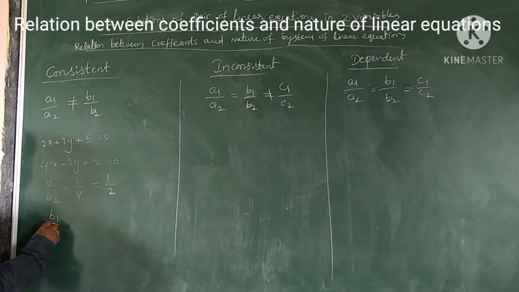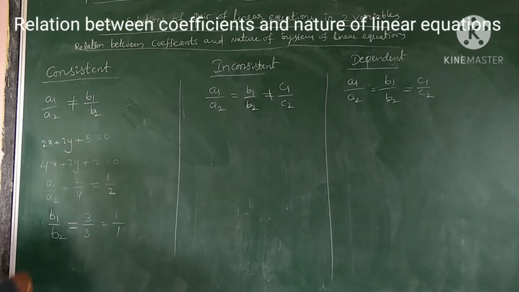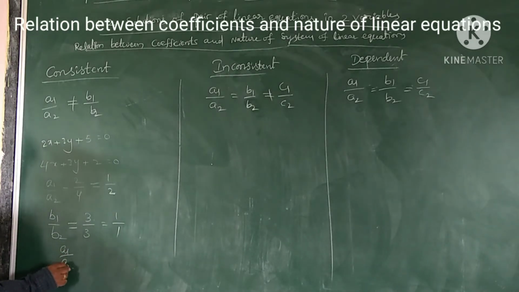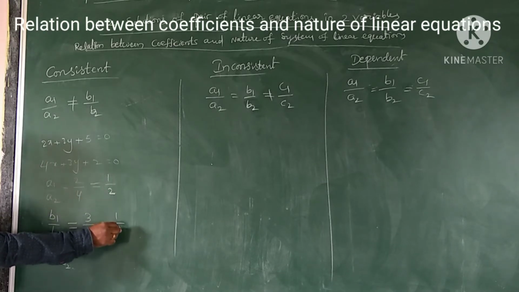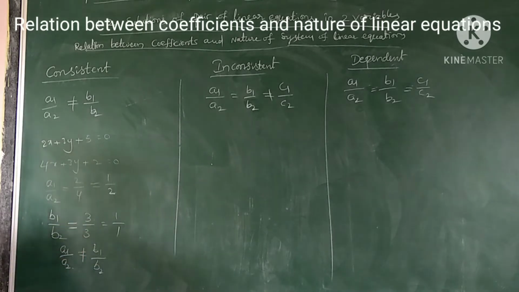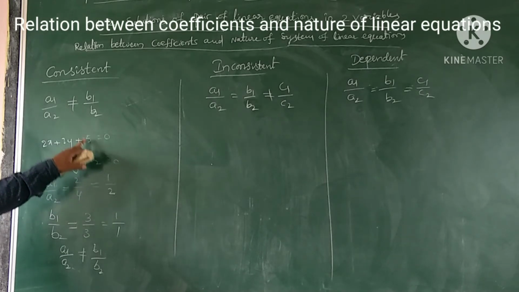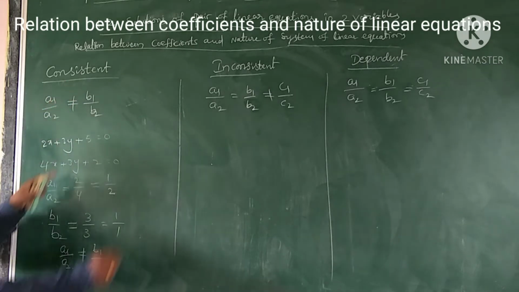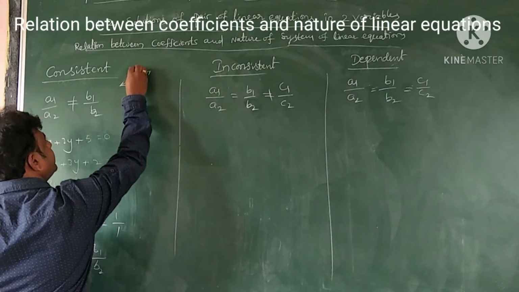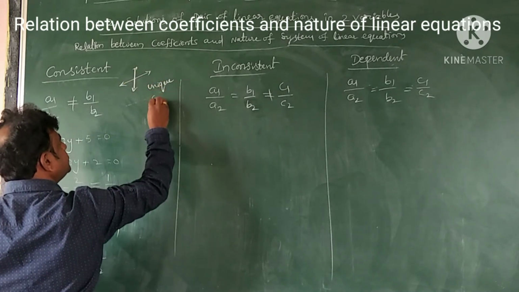Compare b1 by b2, which is 3 by 3, equal to 1 by 1. Where a1 by a2 is 1 by 2 and b1 by b2 is 1 by 1, this is not equal. So this pair represents a consistent pair of linear equations. It represents intersecting lines. It has a unique solution.